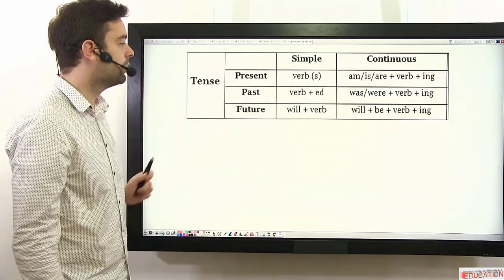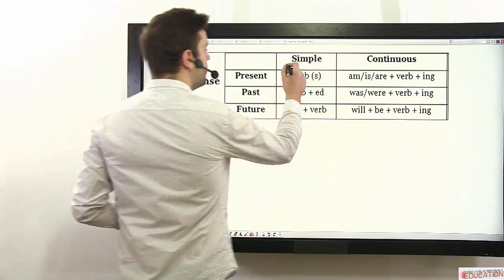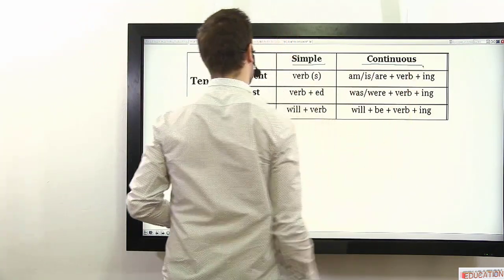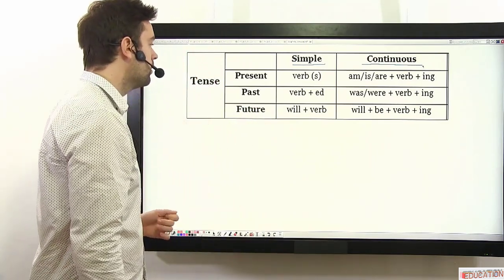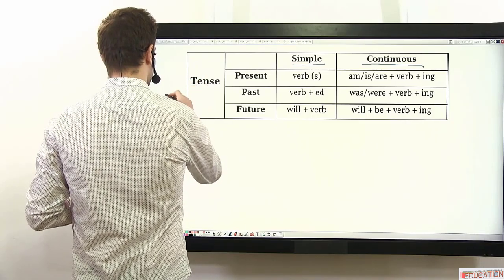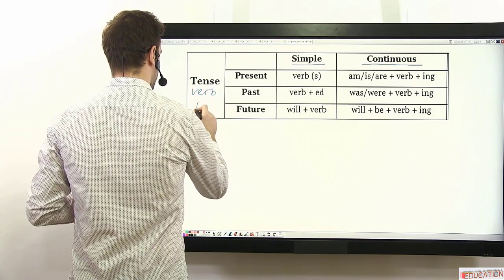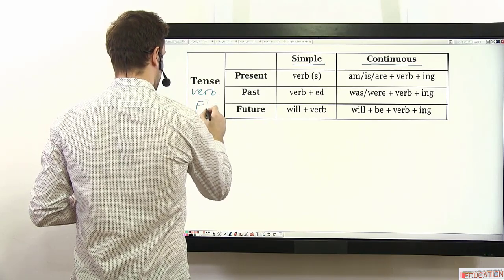So here we have a table of all the tenses we know so far. So we know the simple and the continuous. We will use the verb fly.